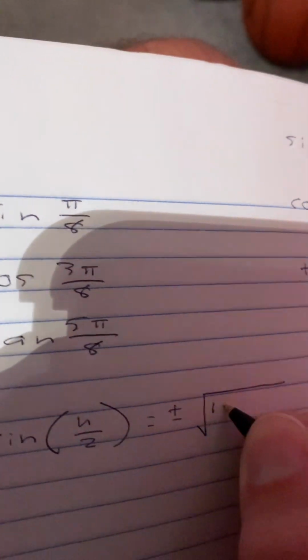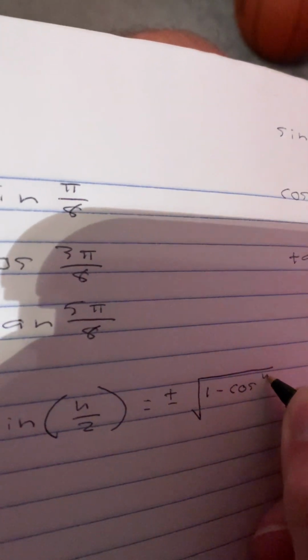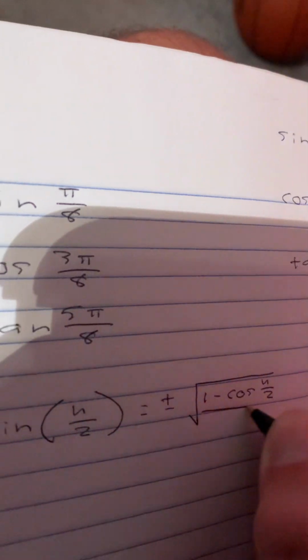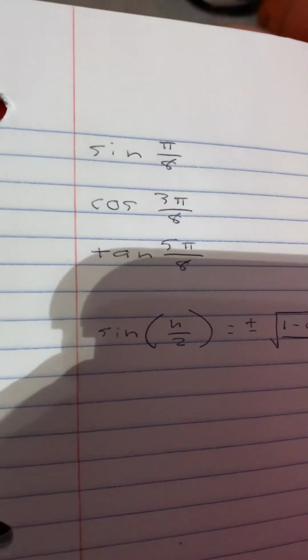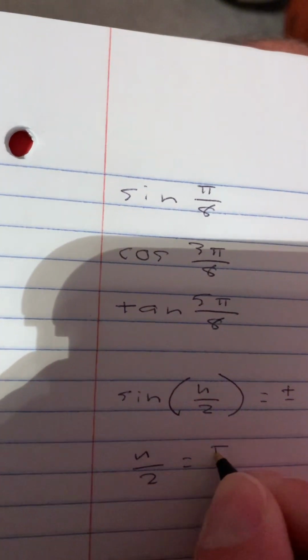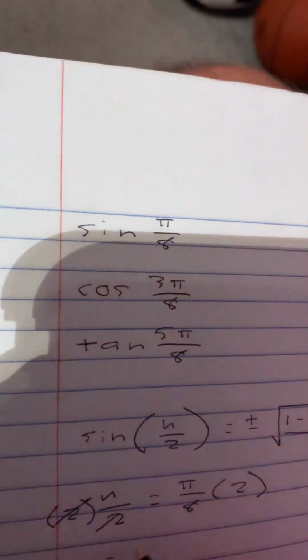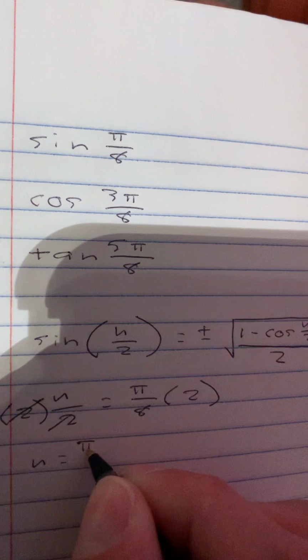Now you got to be careful here, because this is 1 minus the cosine of u, all over 2, right? So let's say this, u over 2 is equal to pi over 8, right? I multiplied both sides by 2. These 2's cancel, so that u gives me 2 pi over 8, which is really pi over 4.